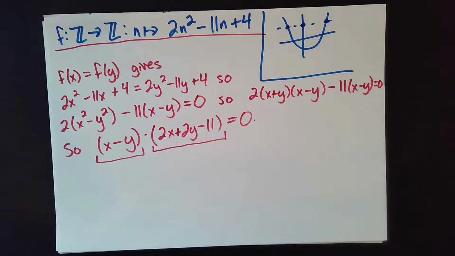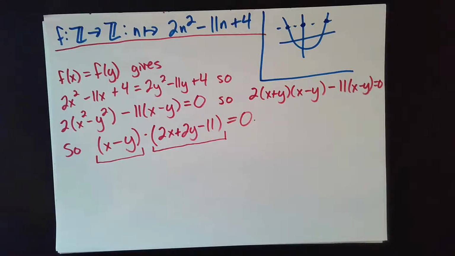So the times where x and y are not equal. And so, having now done this, we should be able to either find x and y, where f of x is equal to f of y even though x is not equal to y, or we should see a reason why that can't happen.